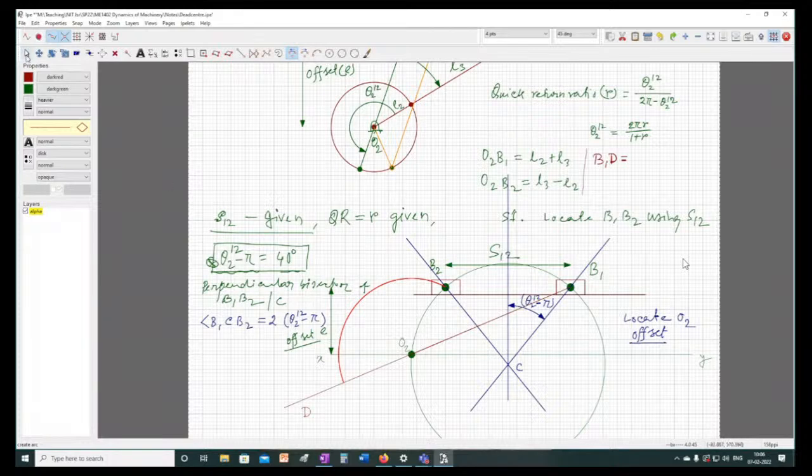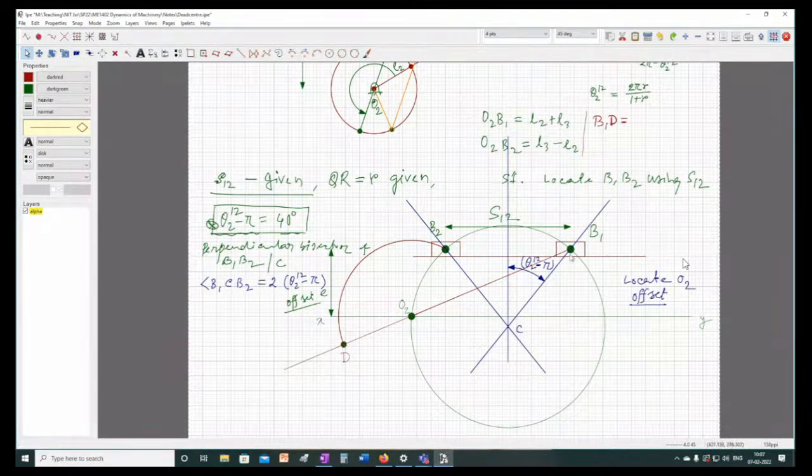And we say this point D is nothing but this point.